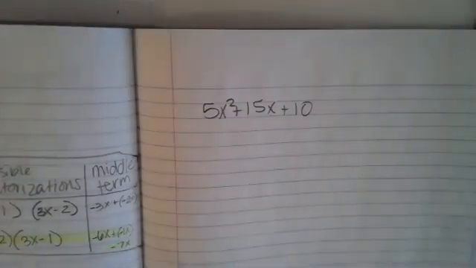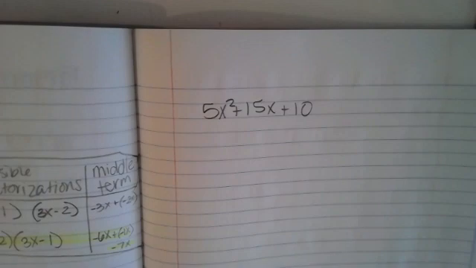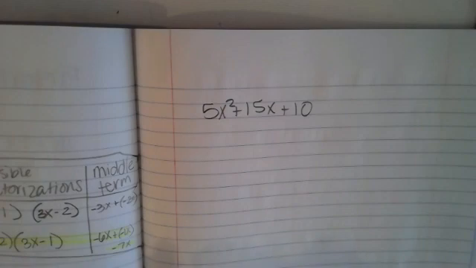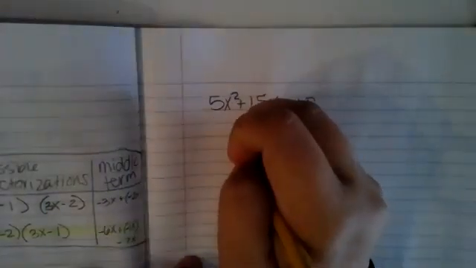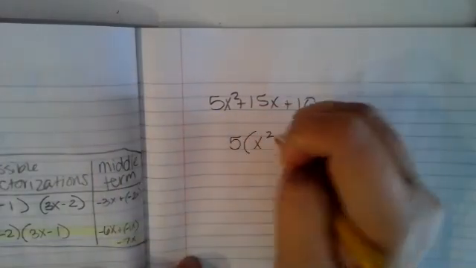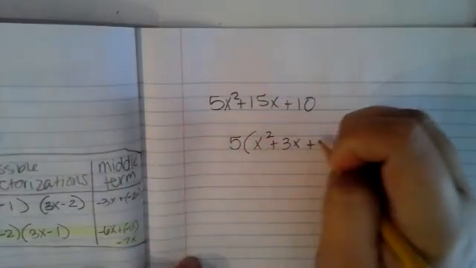So when I look at this problem to begin with, the first thing that I notice is that all the terms share a common factor. That common factor that all the terms share is 5. So I'm going to go ahead and factor out that GCF in order to help simplify my problem down. So 5 times x squared plus 3x plus 2.